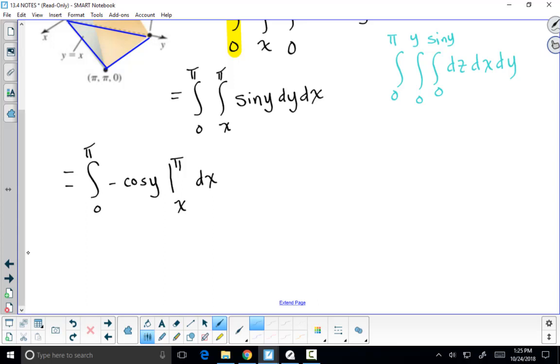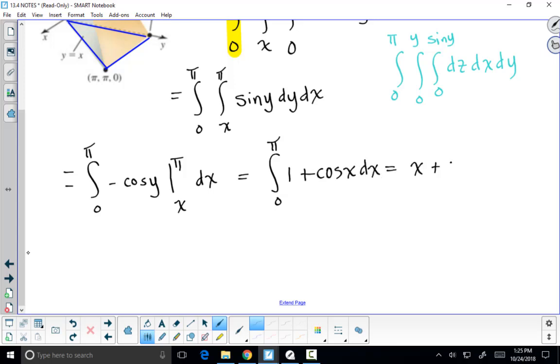Plug in the upper limit. Cosine of pi, and what's that equal to? Cosine of pi is minus 1, but then we multiply, so we get plus 1. Minus a minus is plus cosine of x dx.